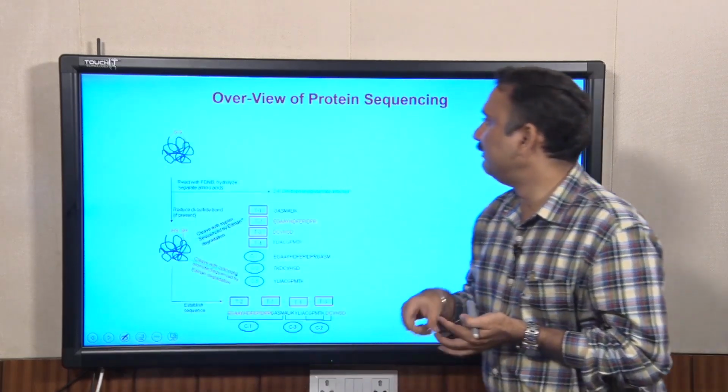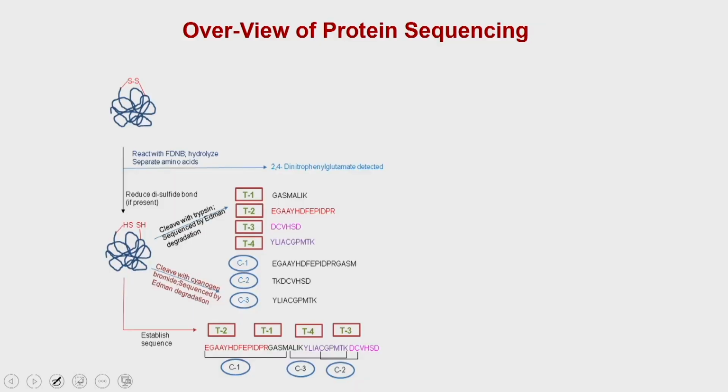After this we discussed the sequencing techniques. In a typical sequencing technique, you are cleaving the proteins with the help of trypsin. First you remove the disulfide bonds, then you cleave the protein with trypsin, and you know where the trypsin is cutting.